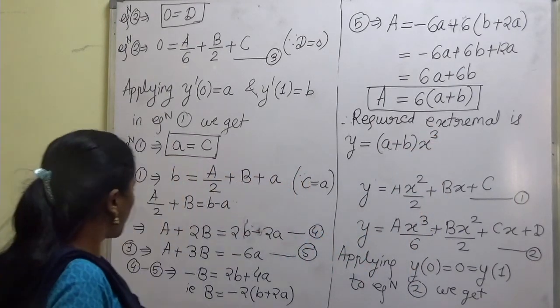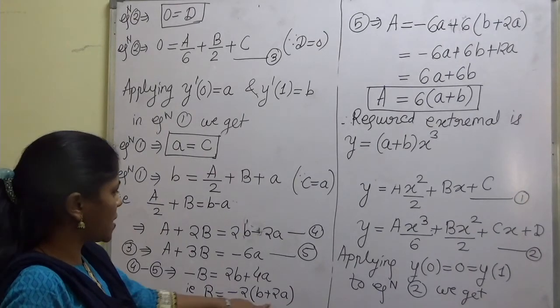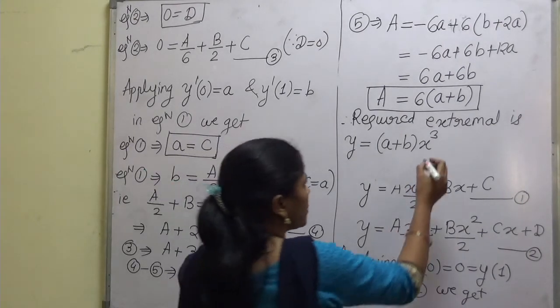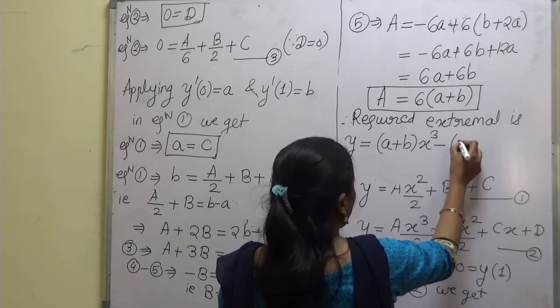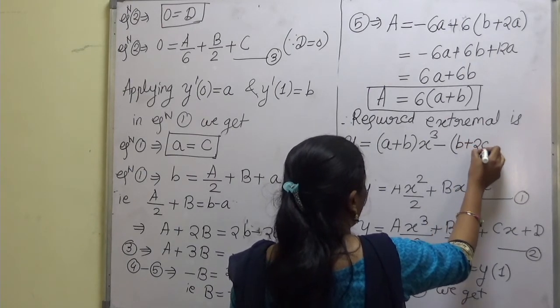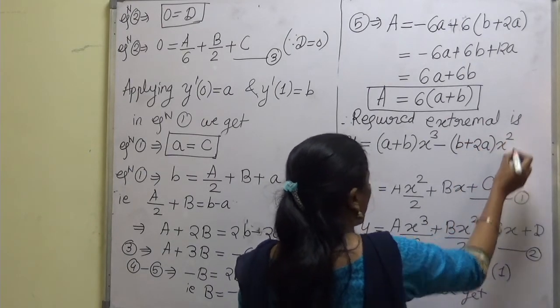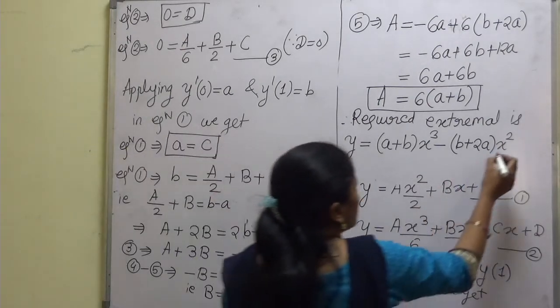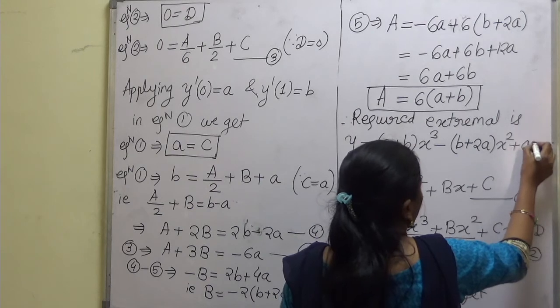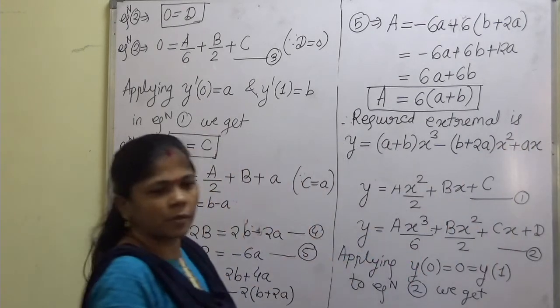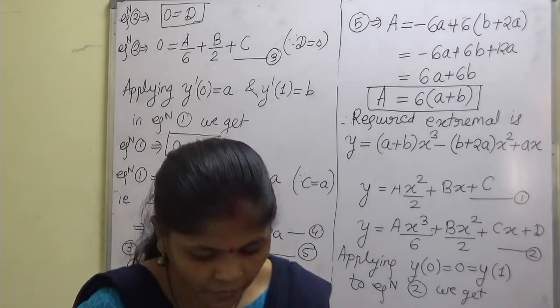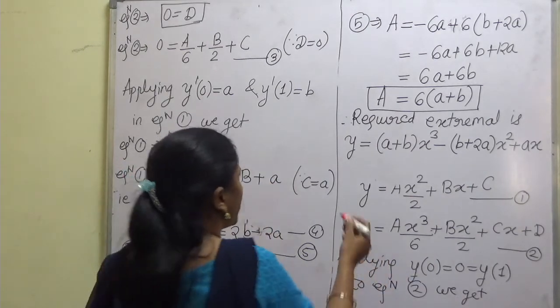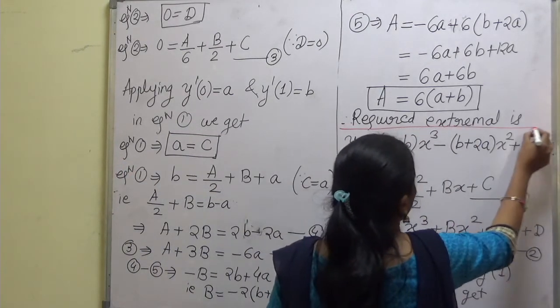Then b is minus 2 times this, 2 is already there, so 2 will get cancelled, minus b plus 2a times x square, and we got the value of c as a, so plus ax, and d is nothing but 0. Okay, so in this way we get a desired solution, a desired extremal.